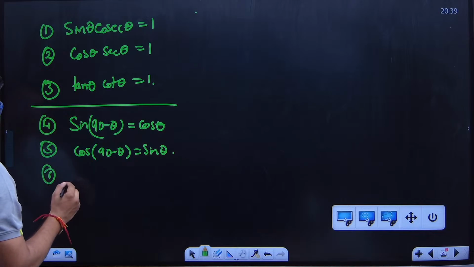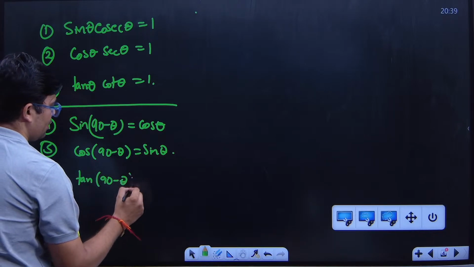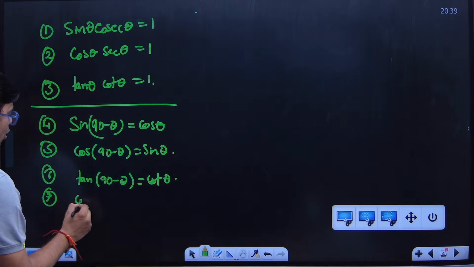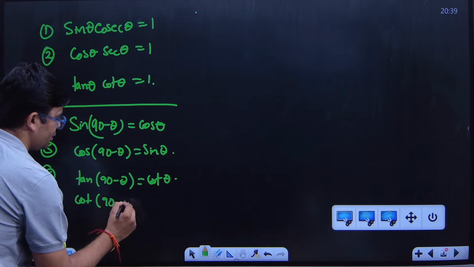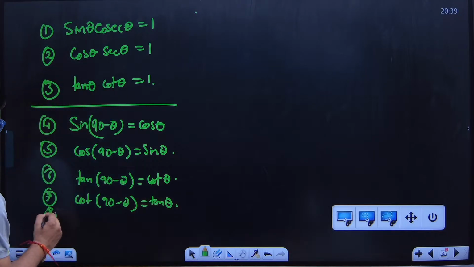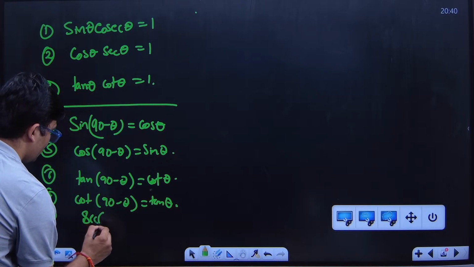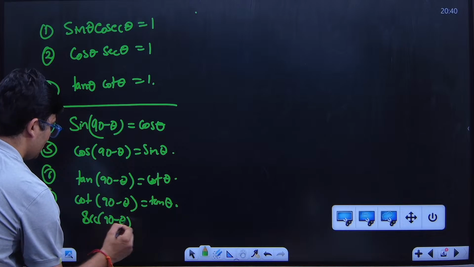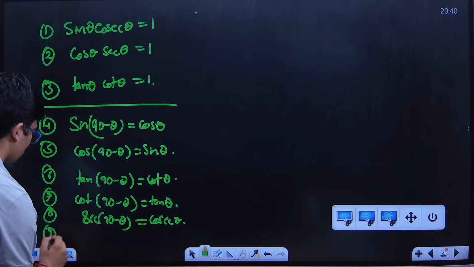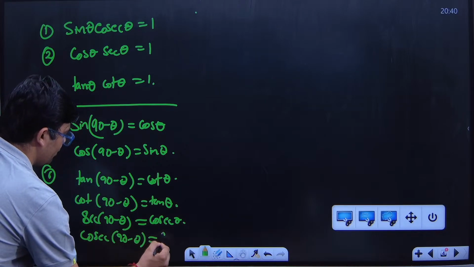Then tan of 90 minus theta is equal to cot theta, and cot of 90 minus theta is equal to tan theta. Then you will have sec of 90 minus theta is equal to cosec theta, and cosec of 90 minus theta is equal to sec theta.